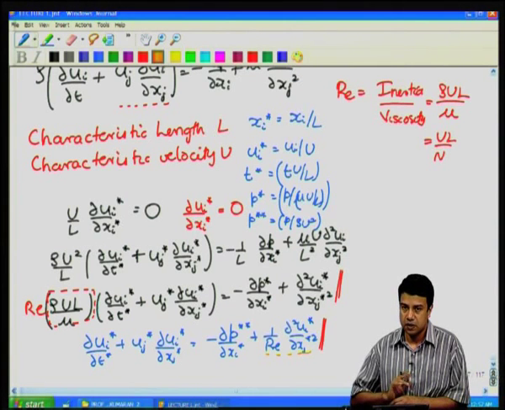Okay. However, as we saw in our previous encounter with convection dominated transport, even when the Reynolds number is large or the Peclet number is large, you would think that you can neglect diffusion in comparison to convection. However, when you neglect diffusion, the equation transforms from a second order differential equation to a first order differential equation, and you cannot satisfy all boundary conditions.